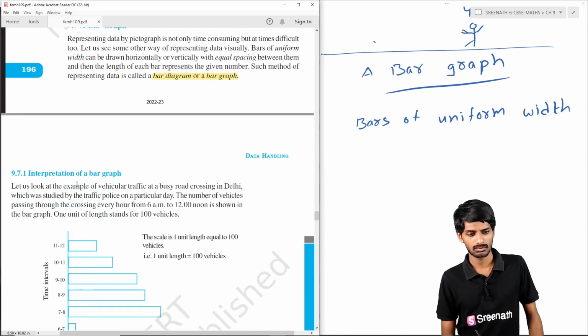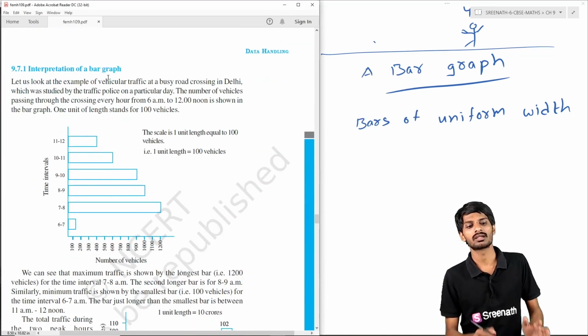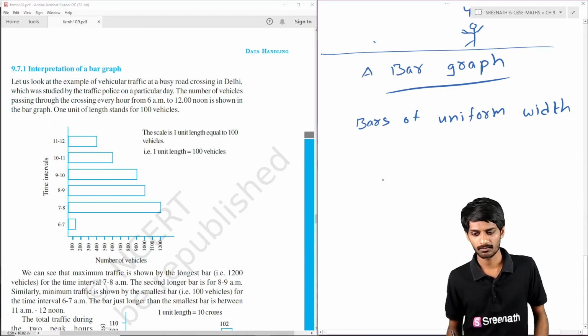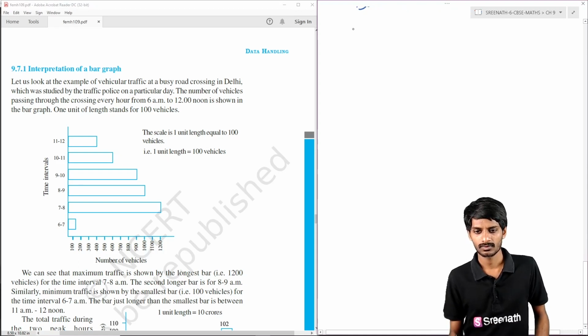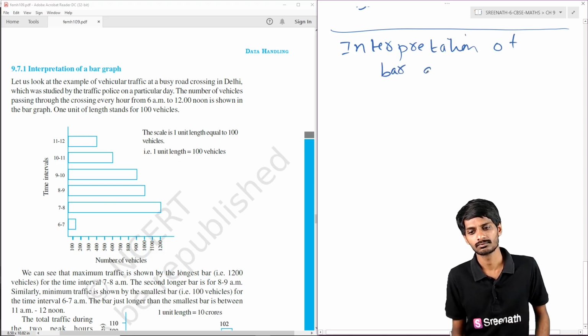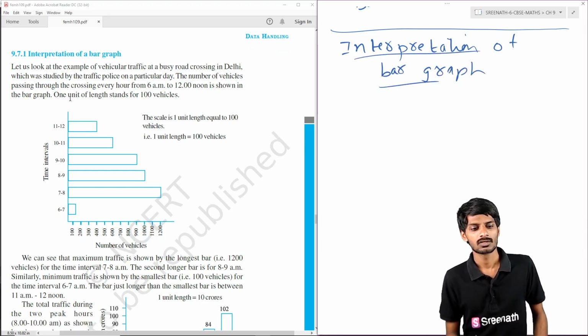Now, interpretation of bar graph. Okay, students. How will you interpret using a bar graph, students?